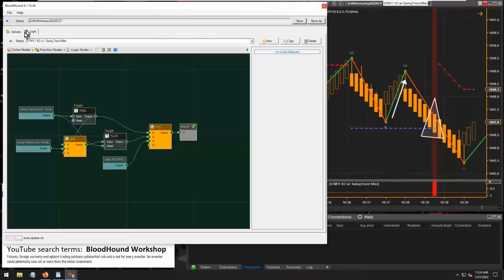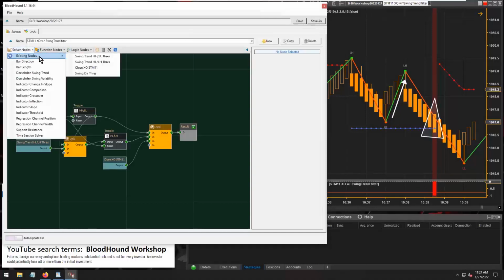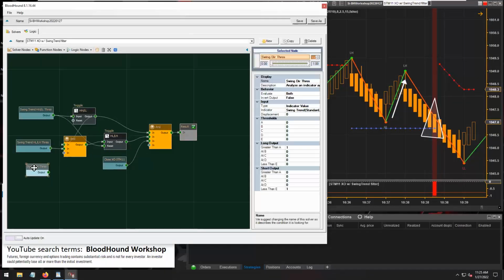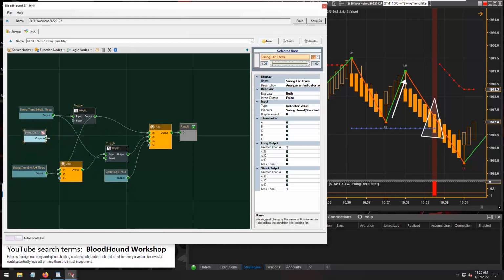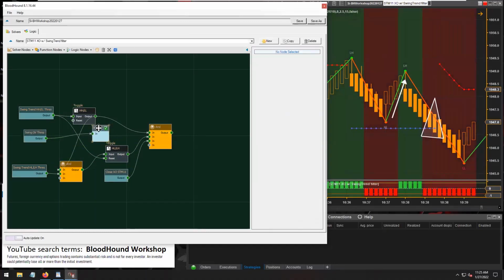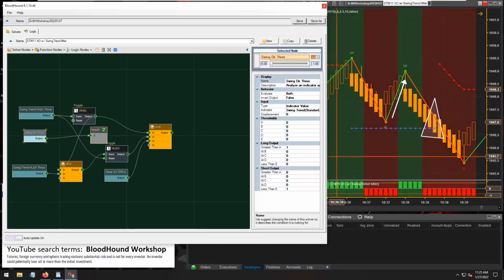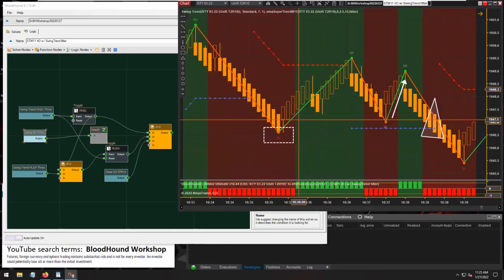All right, so let's go back to the logic board on the logic tab. Go to our solver nodes, existing nodes, and there's the swing direction threshold solver. I think I'm going to need to put that there. So let's connect that in here and take a look at that solver. If you notice, there's always a delay.